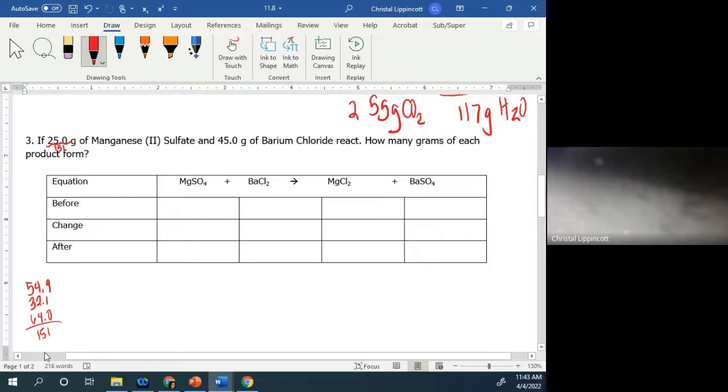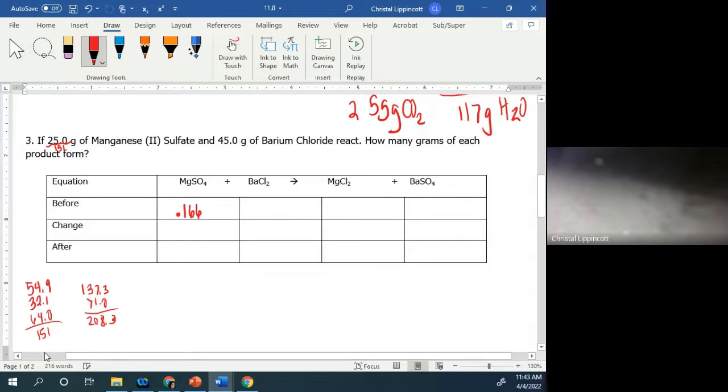That ends up being 0.66. So that's what I'm starting off with here. Then I need to do the same thing with this barium chloride. So barium is 137.3. And I've got 2 chlorines. That's going to be 71 total there.